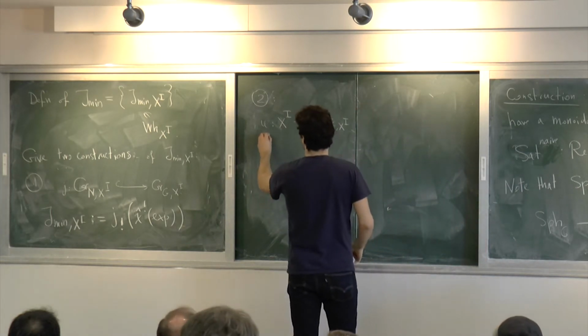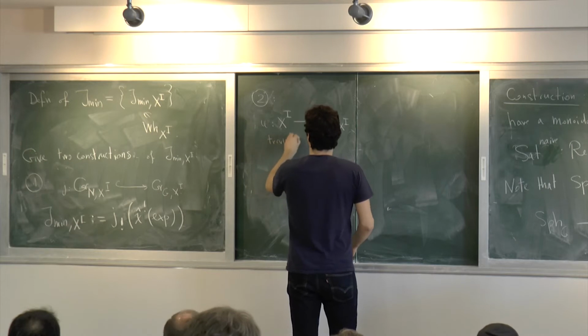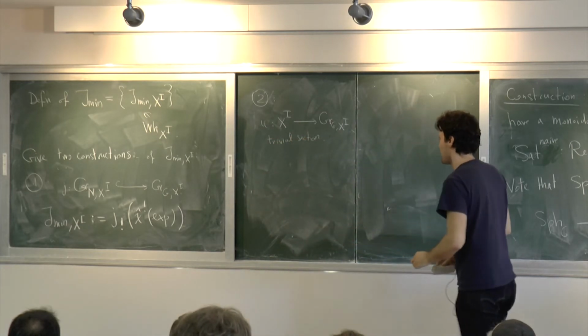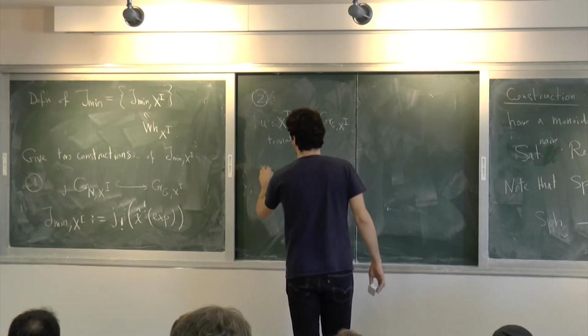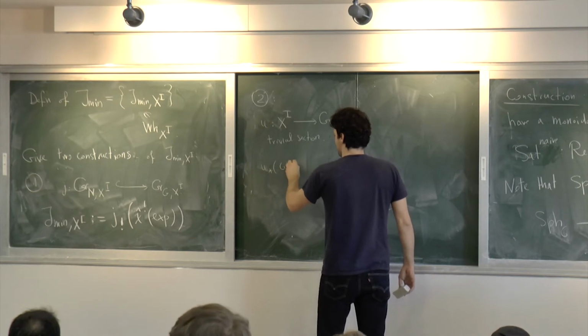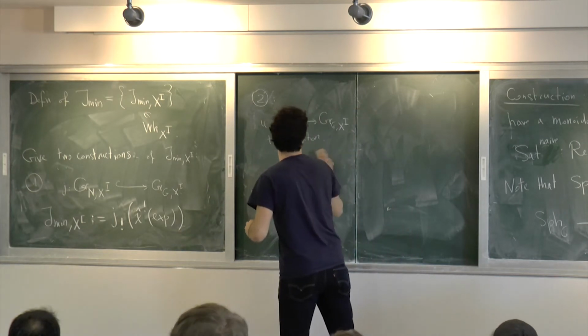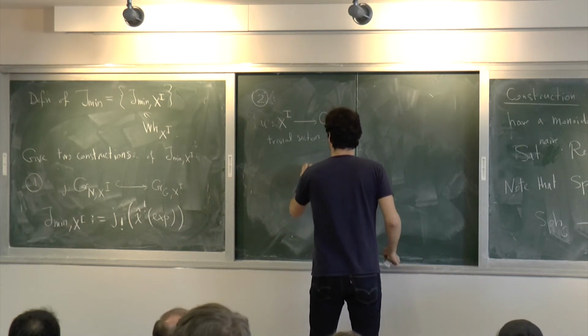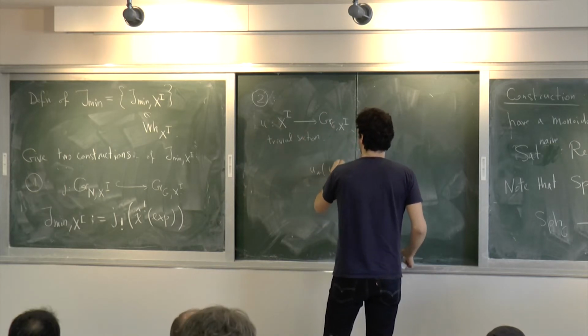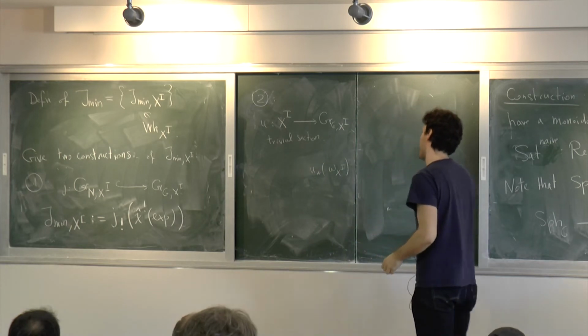So, trivial section. So what I can do, I can push forward the dualizing sheaf on xi to the Grassmannian for G.